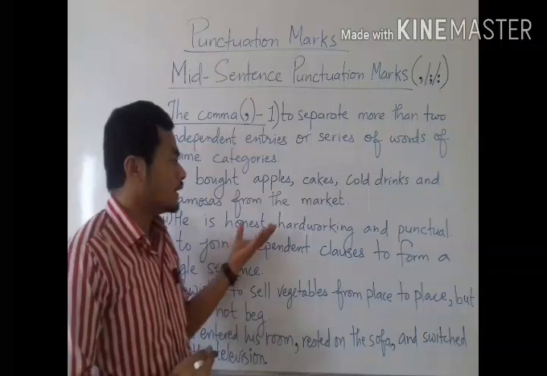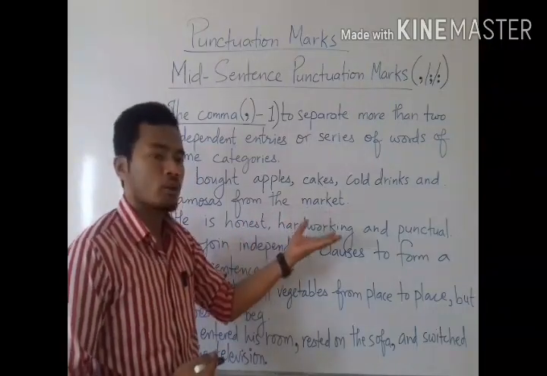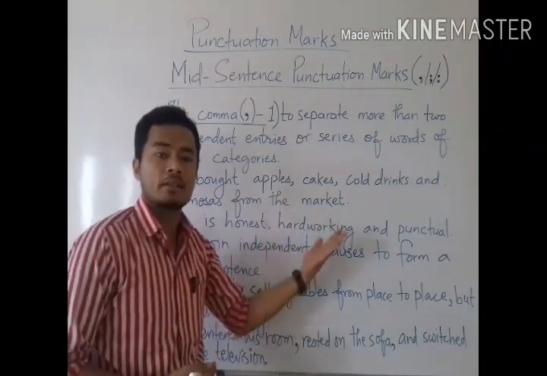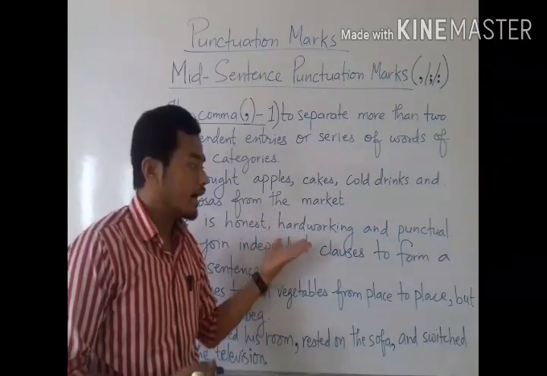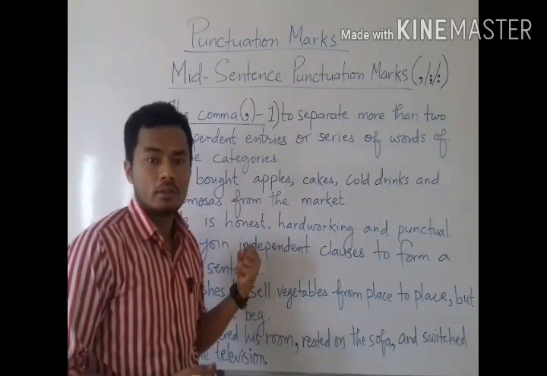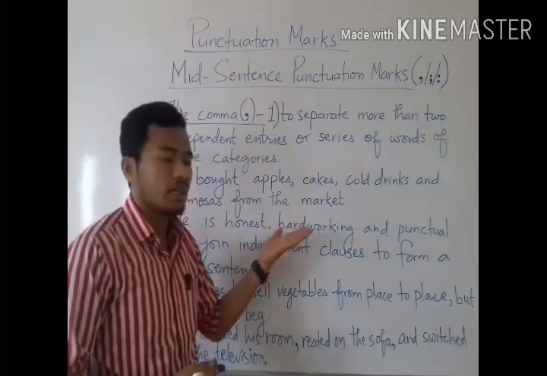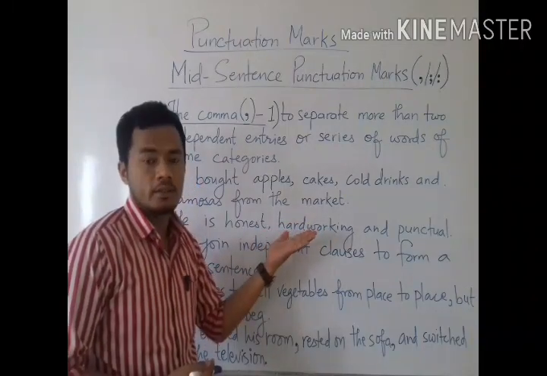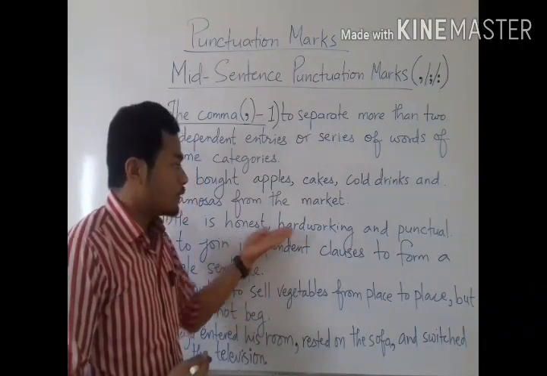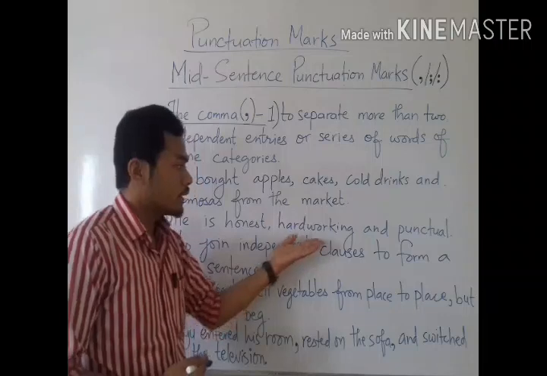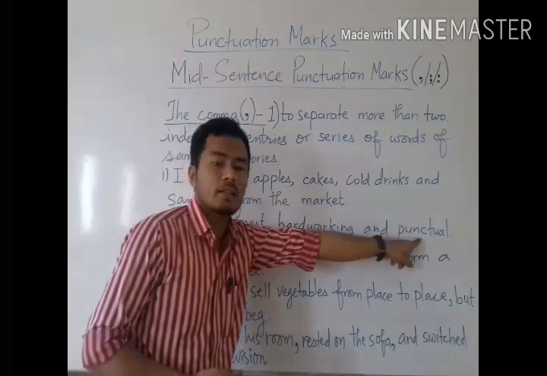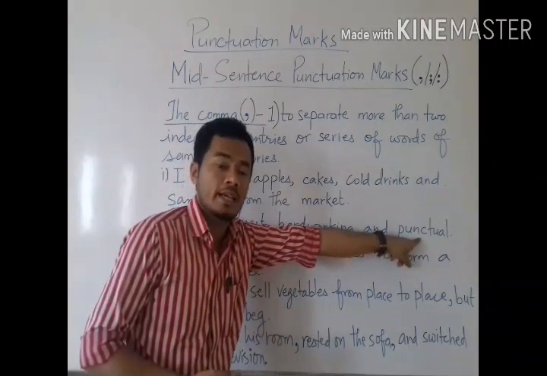See, honest, hardworking and punctual, these three are words of the same category, they are adjectives. So before the last word I have used and, because the sentence actually ends here.